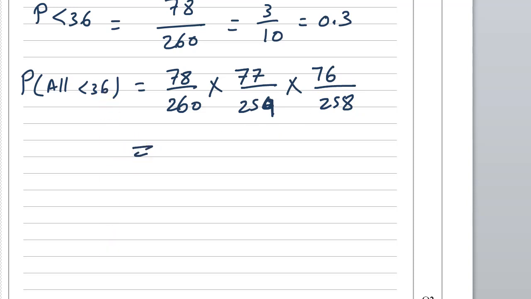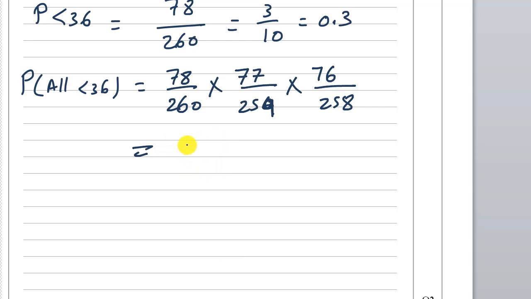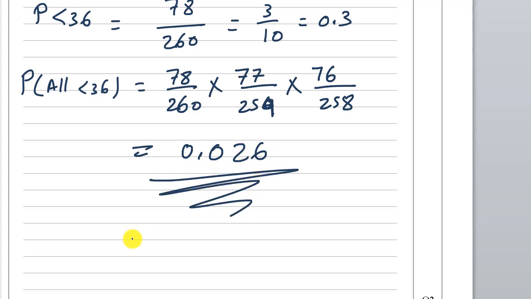So this probability is equal to 78 multiplied by 77 multiplied by 76 divided by the corresponding totals, so 0.026. 0.026, and this is the answer of this question.